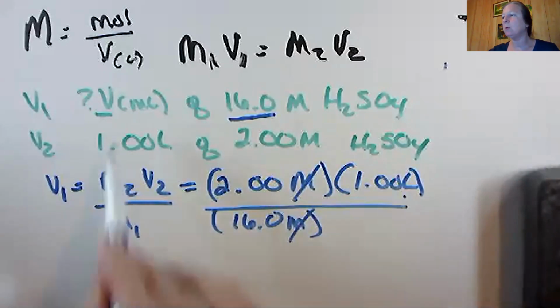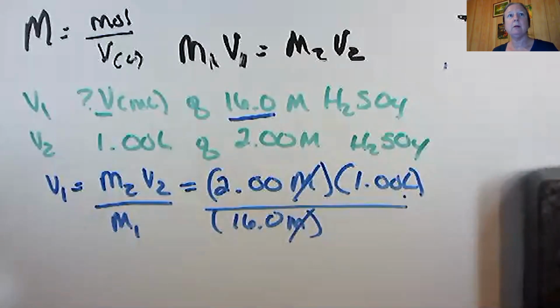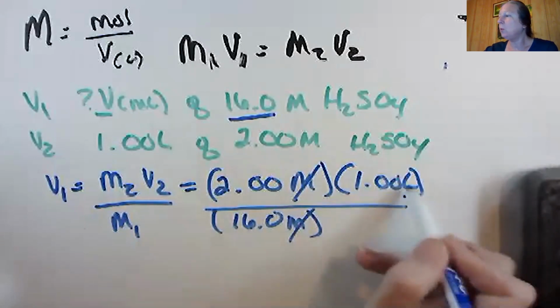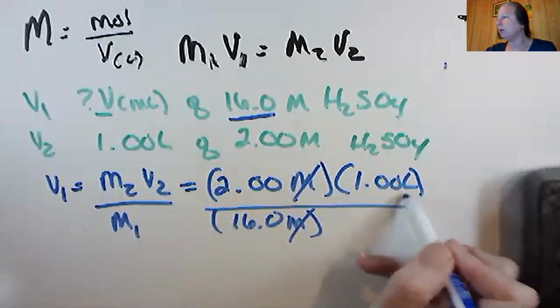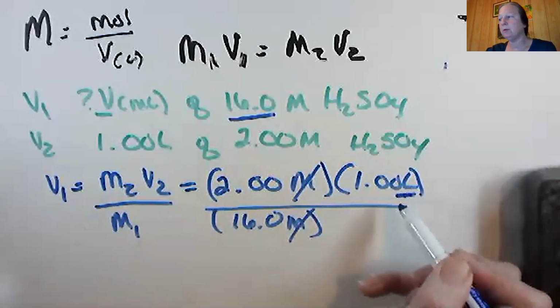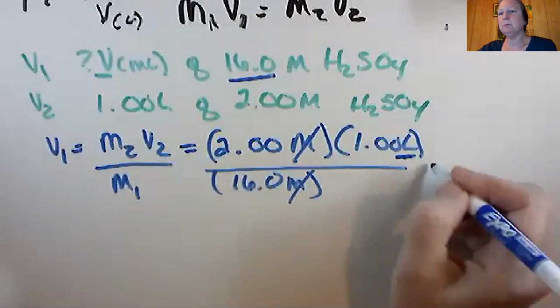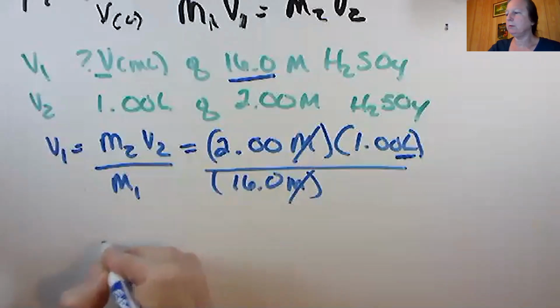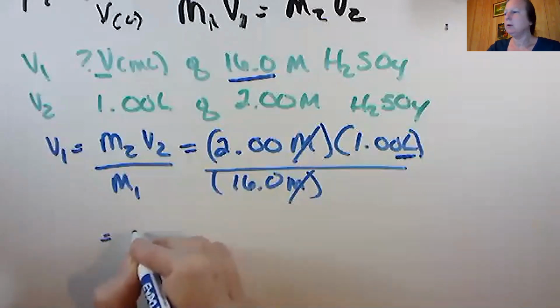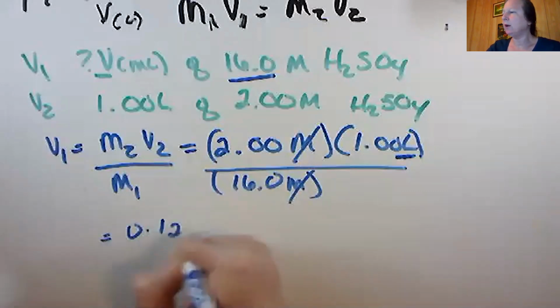So be careful, because the question asked for mils. This is another reason why you always write your units. When I solve this, it is equal to 0.125 liter, because it's asking me the volume.